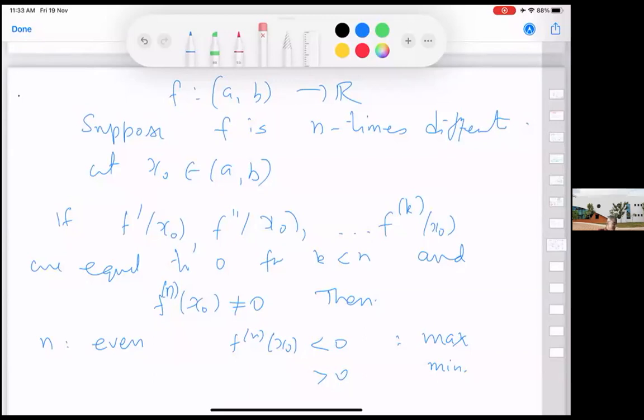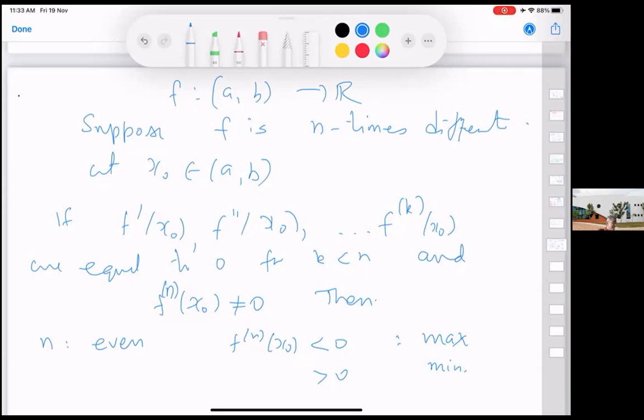Okay. So if you have a function which is differentiable a large number of times, then you can determine the maxima or minima by looking at, first of all, f dash and at which points it is 0. So maxima or minima, even if it exists, it has to be one of those points.